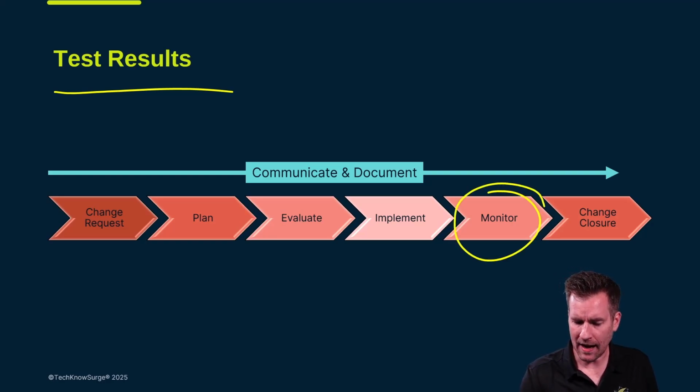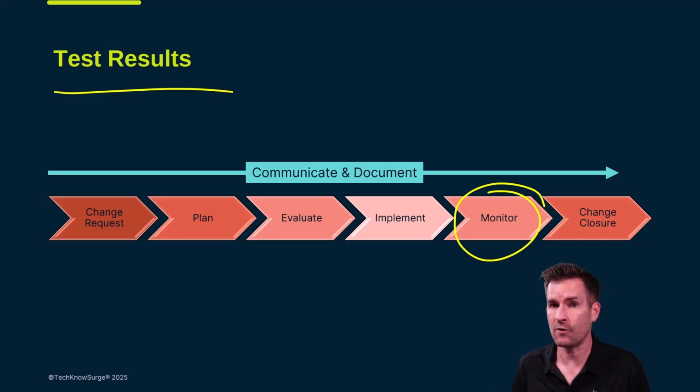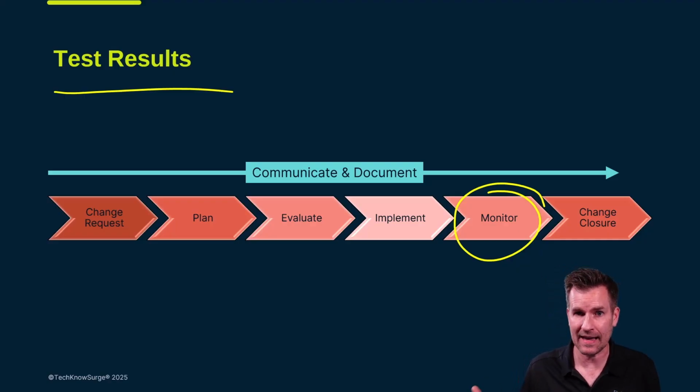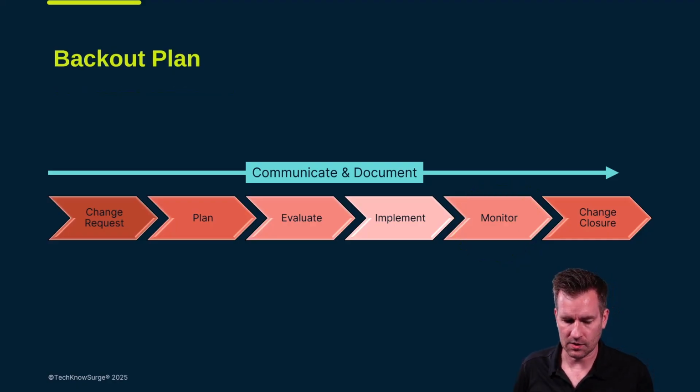We're going to monitor after we implement to see if we've successfully implemented that change, if it has the desired results, and if there are any other results that have come from it, whether positive or negative. So we are going to be testing things after the fact, to make sure it's implemented correctly and has the desired results.